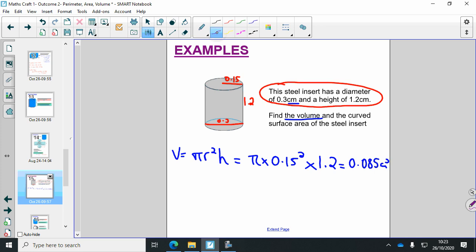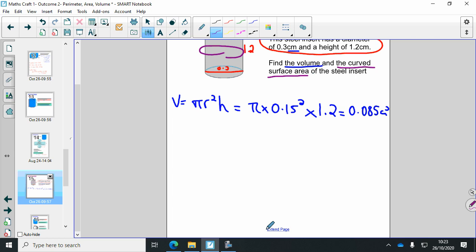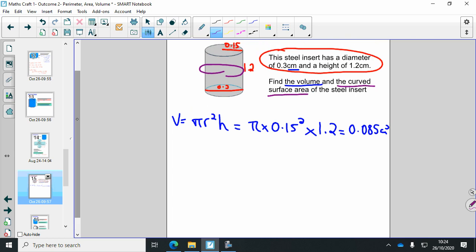We're now going to calculate, it says the curved surface area. So it's not looking for the whole surface area, it's just looking for the bit around here. So the curved surface area, that part of the formula, if you remember from the previous slide, is 2 pi r h. So we just now need to put the numbers in the correct place.